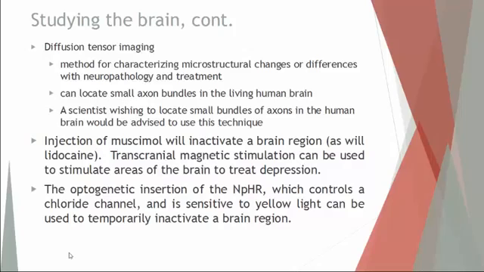This is a method of MRI that can locate very, very small bundles of axons, which is a huge advantage. You're not just looking at a whole lobe of the brain. You're not looking at a hemisphere of the brain. You're looking at just a very, very small section of one area of the brain. So if your goal is to focus on just bundles of axons or a very small portion of the brain, this is obviously the way you would rather go, using DTI, diffusion tensor imaging.